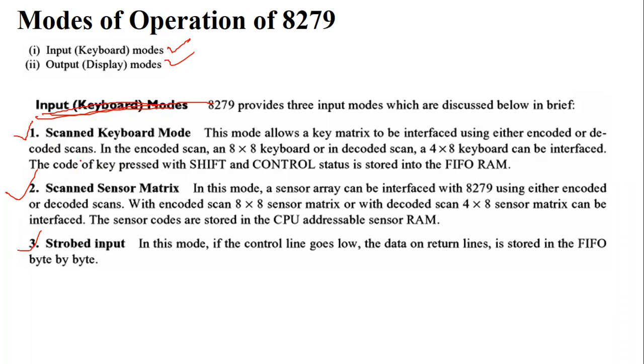The scan keyboard mode has different types. Scanning means identification of the key. Mainly we use two-key lockout, and the second one is N-key rollover. We are going to discuss this.